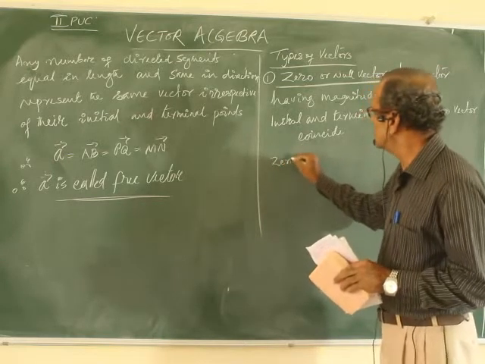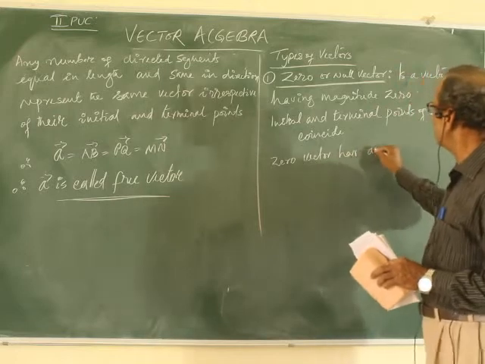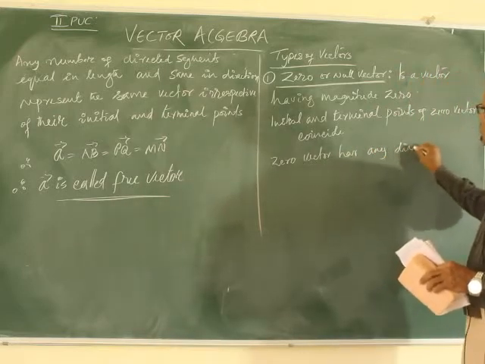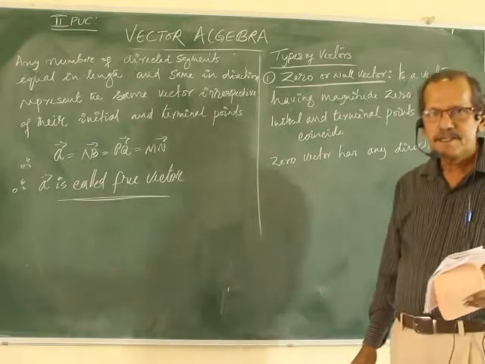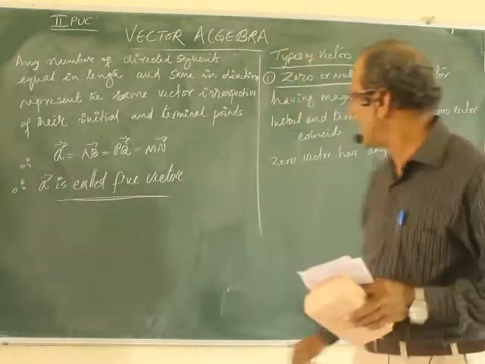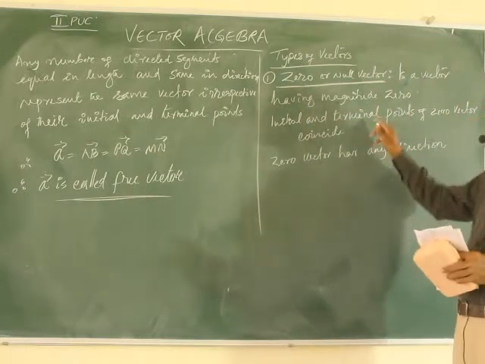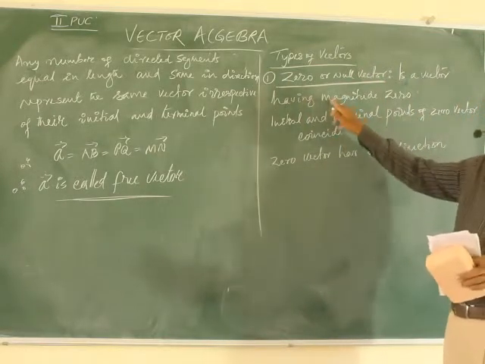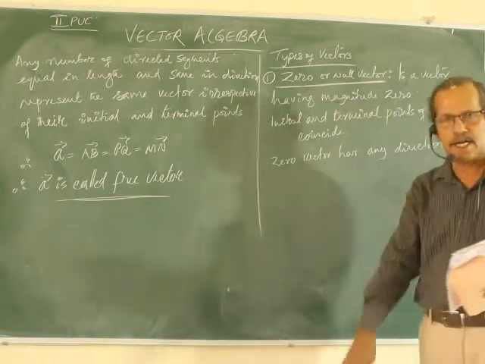Zero vector has any direction, no particular direction. Magnitude 0 because initial and end point coincide. Magnitude 0, but it has direction. Which direction?